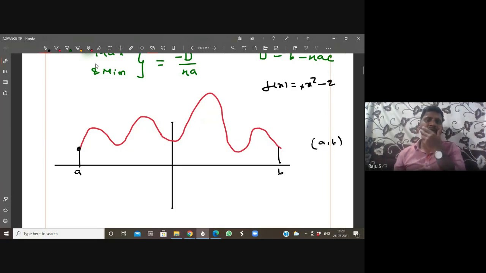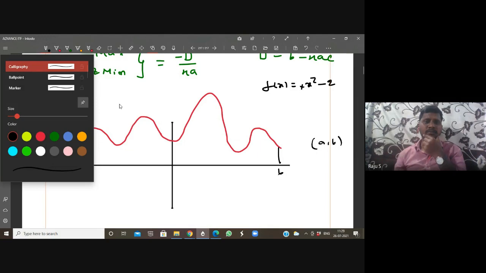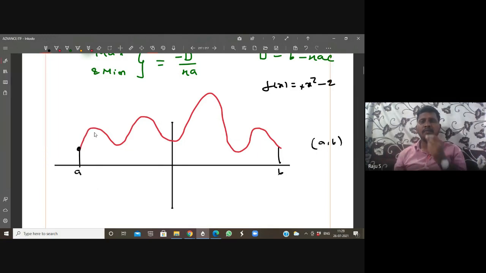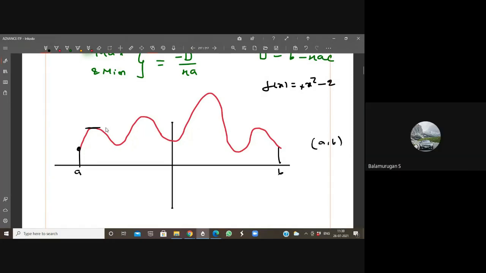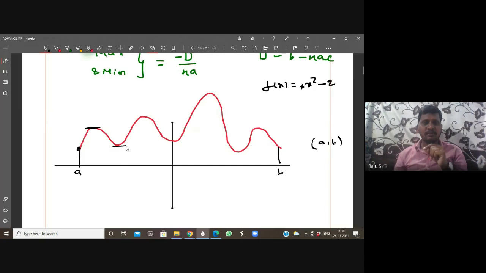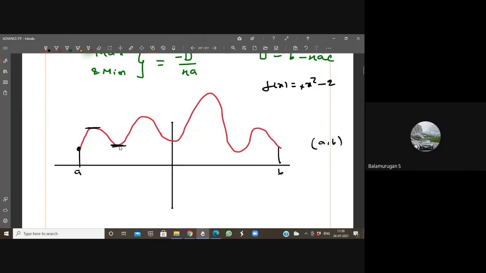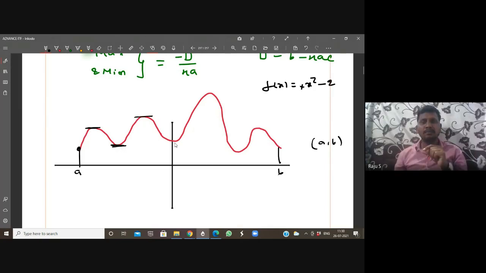See students, when you observe here, the curve has a few maximum values and a few minimum values. Is this a maximum value or a minimum value? Maximum. What about this? Minimum. Maximum, minimum, maximum, minimum, maximum.